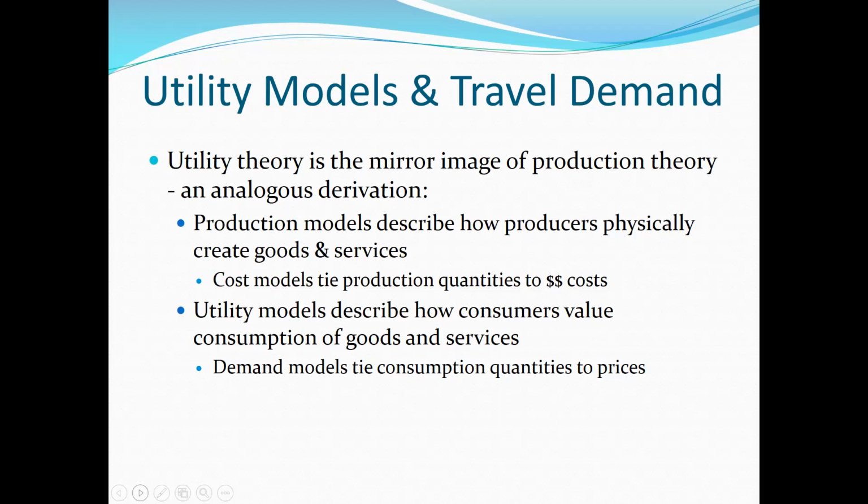And then what comes out of that is the demand models that tie consumption quantities to prices. For most things, the demand model will be downward sloping. As price of something goes up, the consumption goes down for most goods. But there are exceptions, and those exceptions almost prove the rule, and we'll talk about those as well.